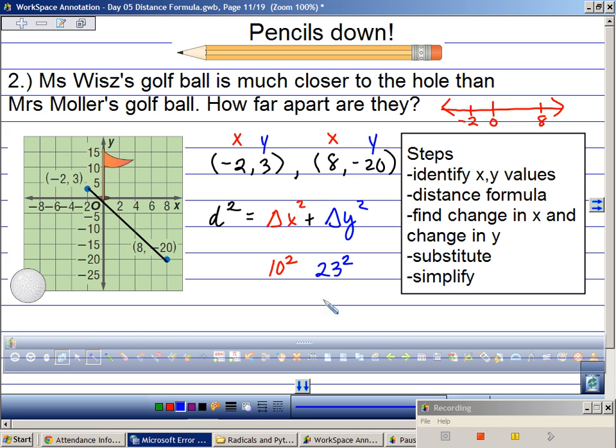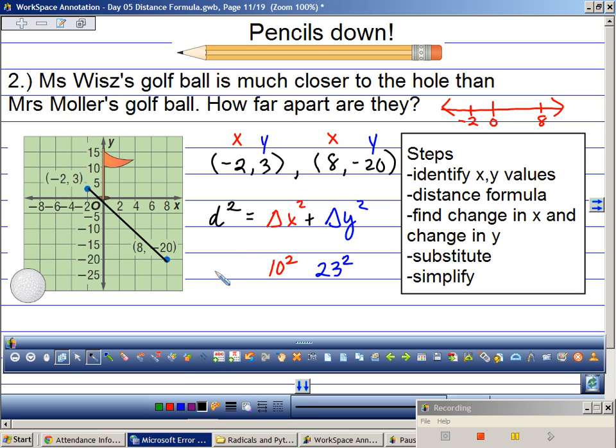You got to go all the way up to 0, which is 20 degrees, and then 3 more, which is 23 degrees. Same exact thing. If I'm at 3 or if I'm at negative 20, it doesn't really matter which one I go first. I'm finding the difference between them, right? So negative 20 to 3 is rise up 20 and then 3 more. Negatives don't matter. Why don't they matter? You're going to square it anyways. Isn't a negative times a negative a positive?